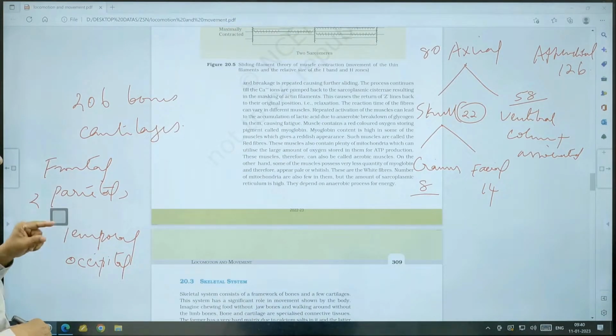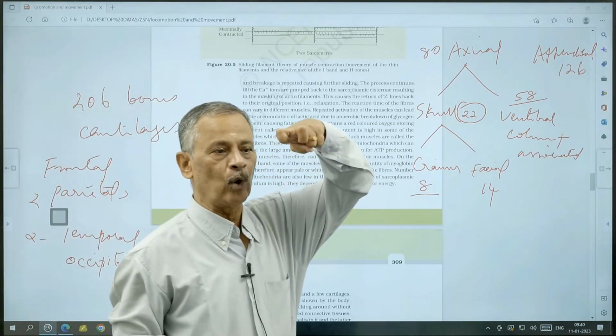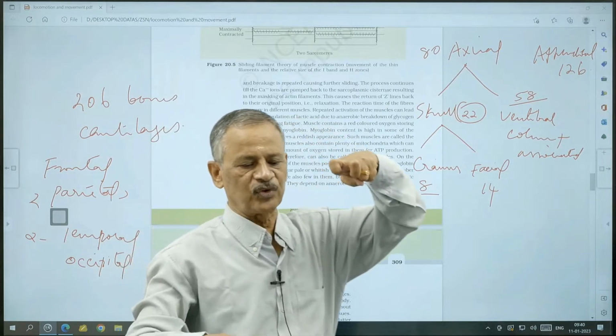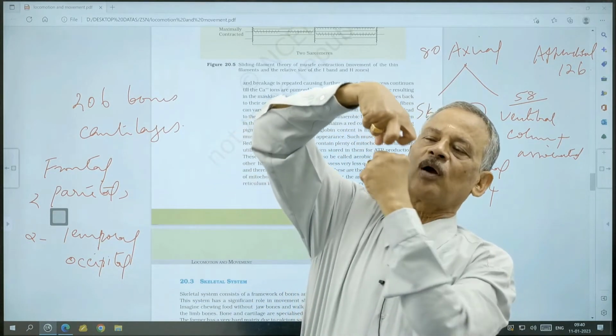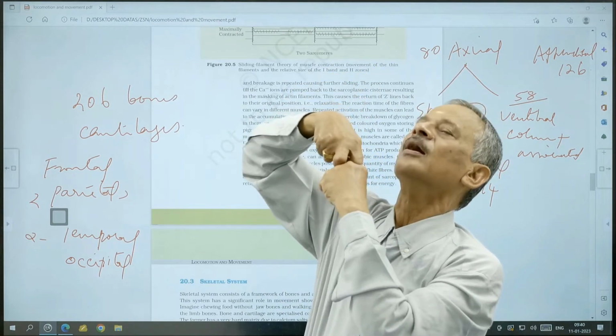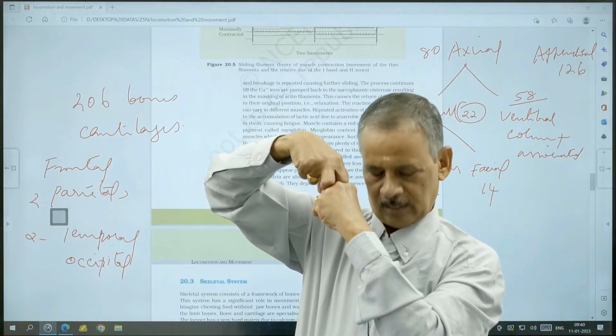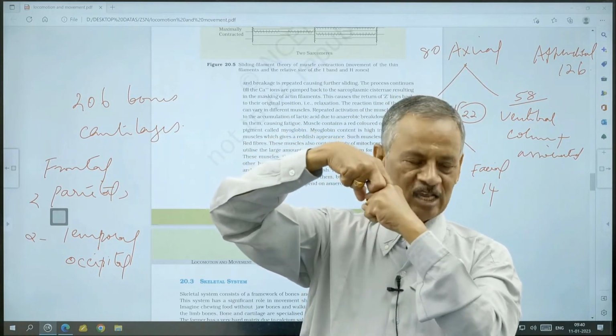Now, this occipital also has two condyles, two knob-like structures which fit into the first vertebra. And it is because of these two knobs fitting into the first vertebra, called the atlas, that we have a nodding type of movement.